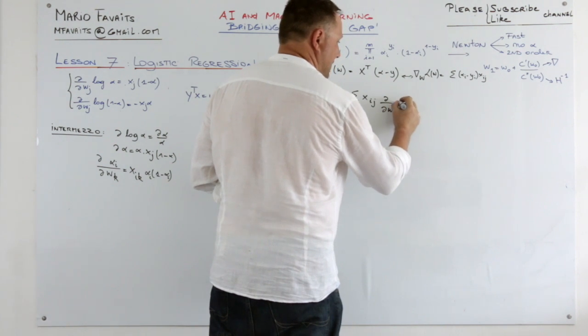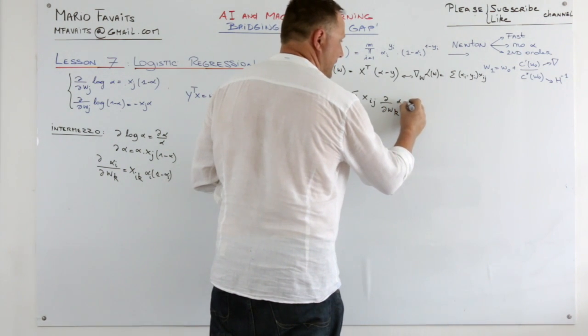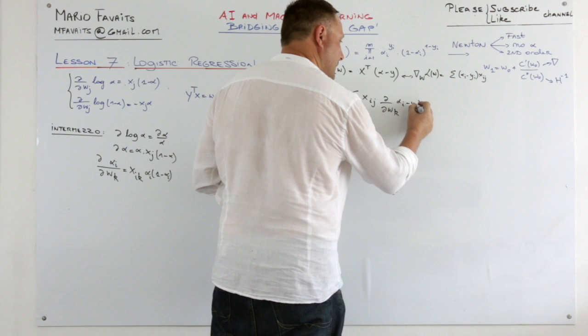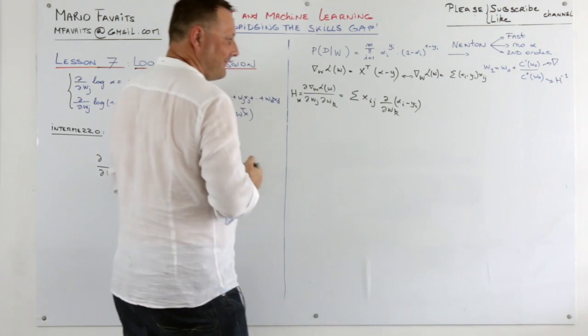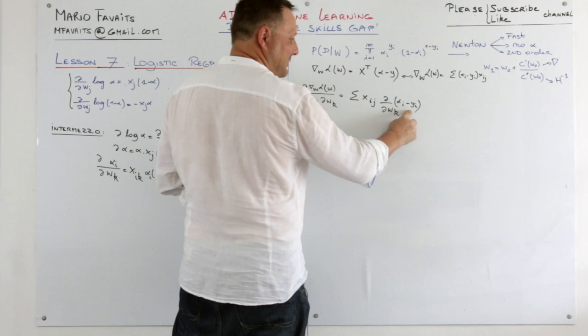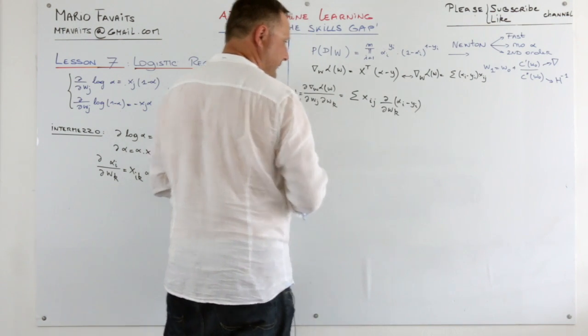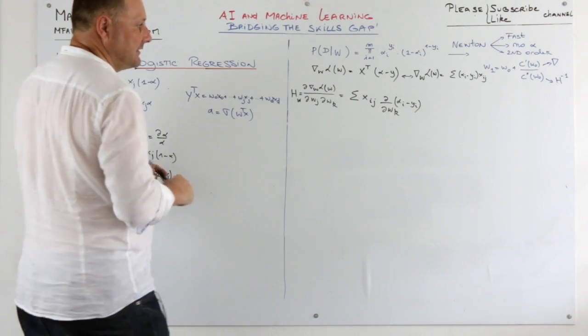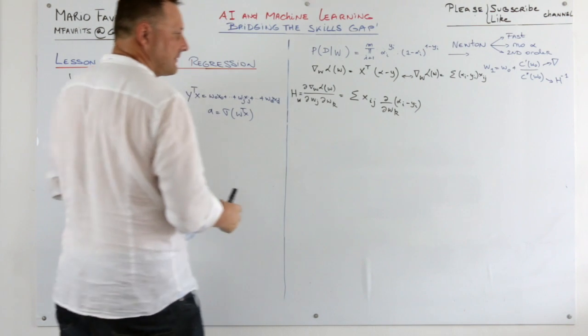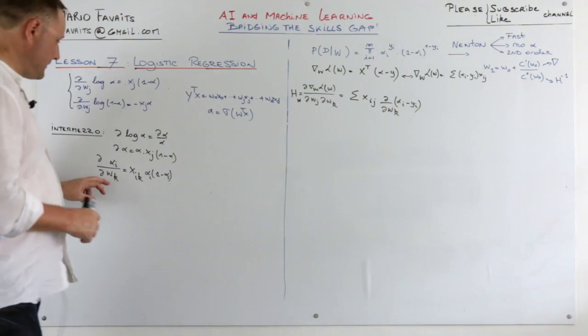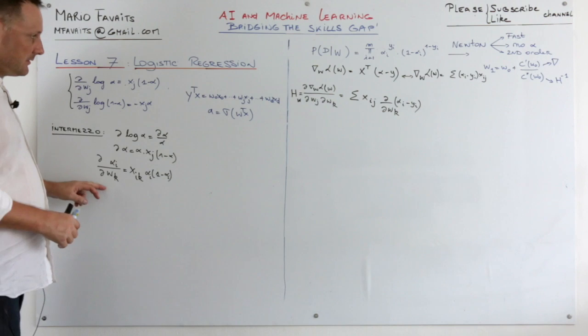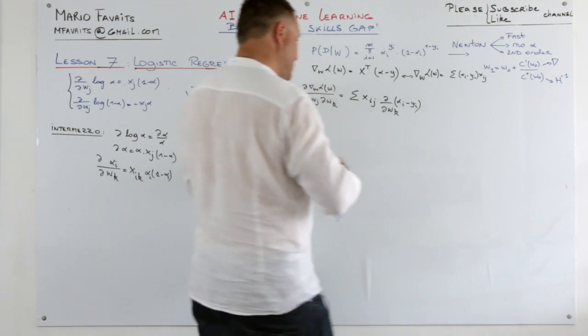With respect to WK, and then alpha i minus yi. Okay, yi does not depend on W's, so this will disappear. So we basically have the derivative of alpha i with respect to WK, and that's what we get here. Okay, so we're going to move this there.